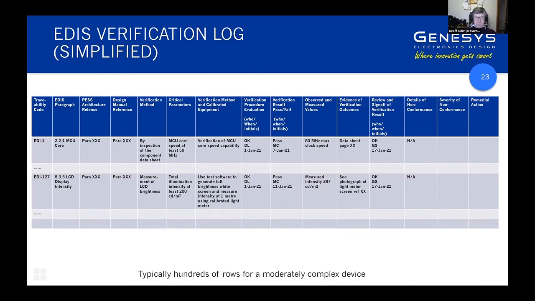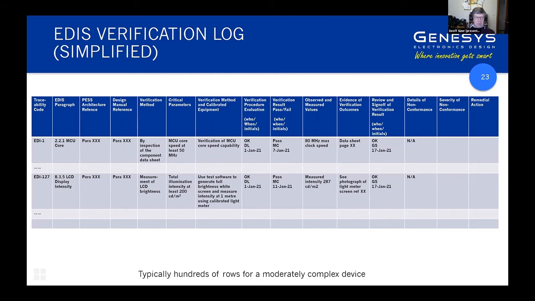I'll just show you a couple of details of what we call our verification log, and this is against the electronic design input specification. This is of course a very simplified depiction of the process. It takes a requirement with a traceability code, electronic design input number 1, paragraph 2.2.1 MCU core. It says the MCU core must have a certain speed capability.